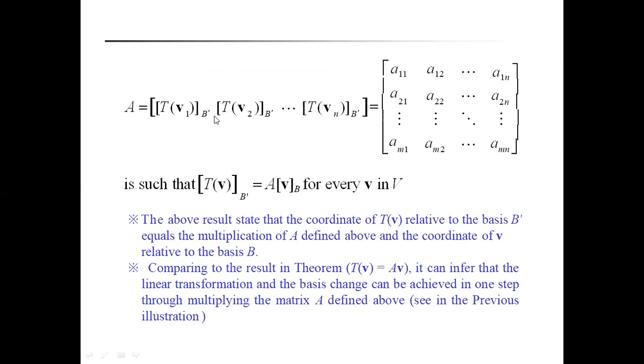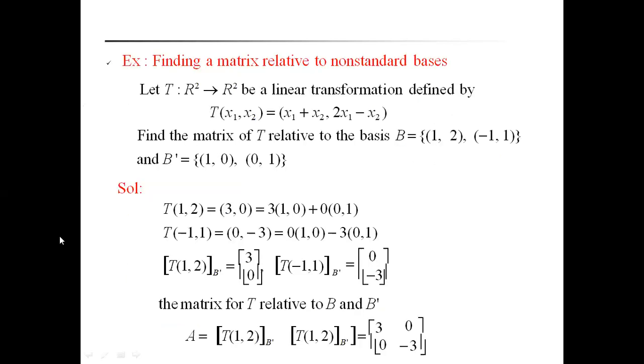These are the coordinate columns for V1, V2, and so on up to Vn. This is the A matrix. That's why the matrix of T relative to the bases B and B dash is 3 0 0 -3.